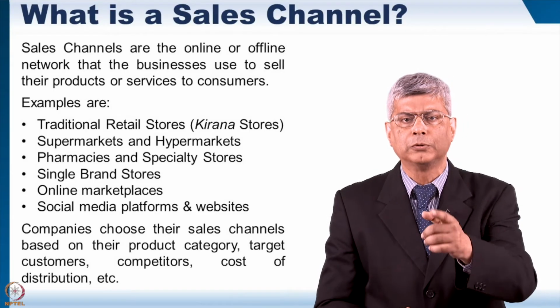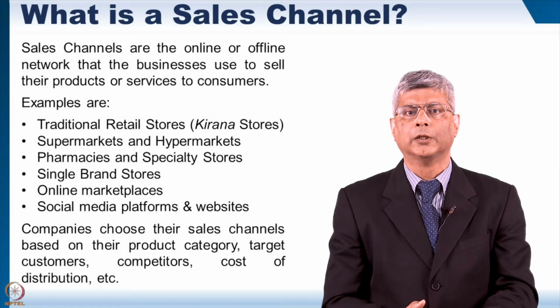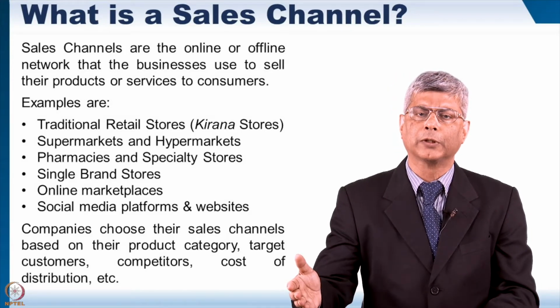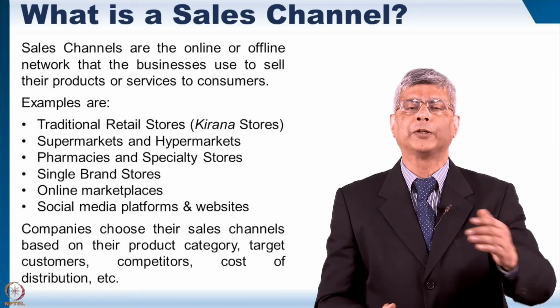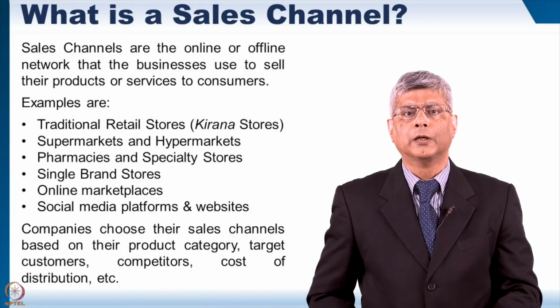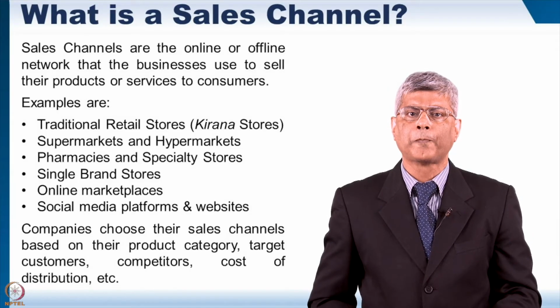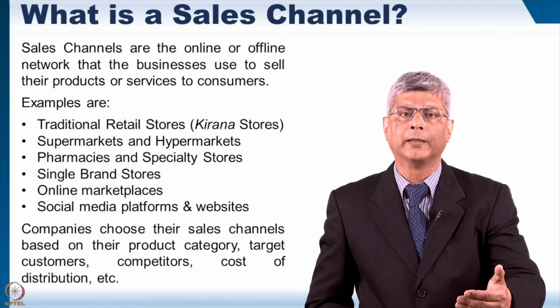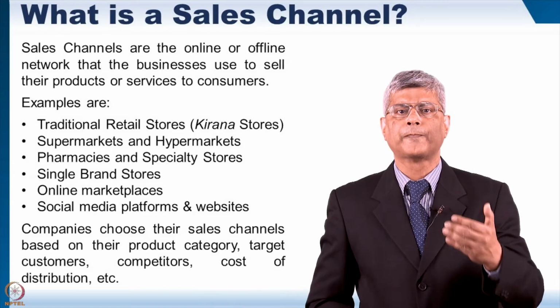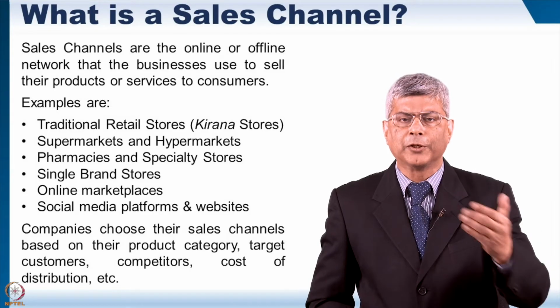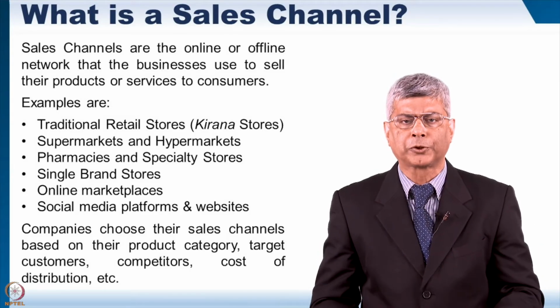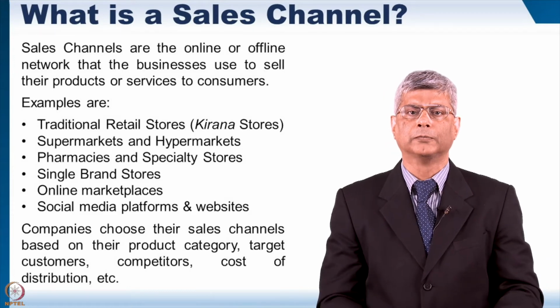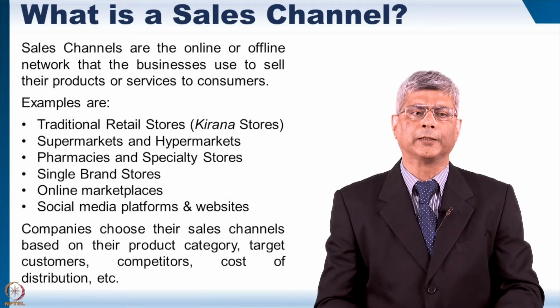Examples where you can buy a product will be a neighborhood store, a Kirana store, which is maybe 100 meters from your house. So the product may have been made 1,000 kilometers away in a factory, but you're buying the product from a small store, maybe 100 meters away. So how has the product flown? That's the channel.